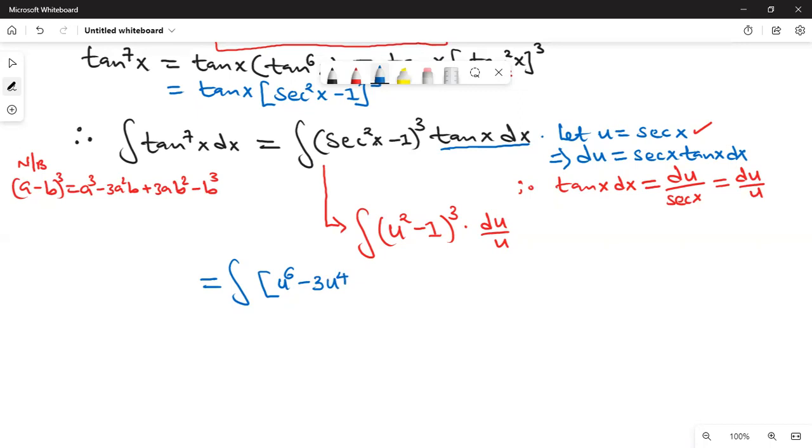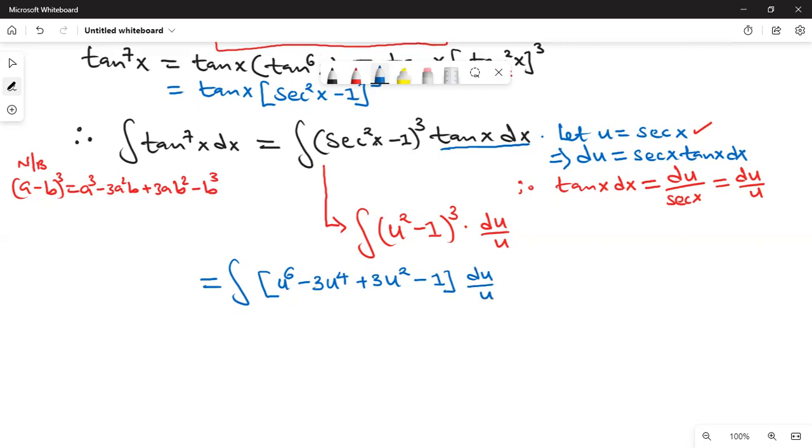Then there's plus 3 u squared, because our b is 1, and 1 squared is just 1. Then minus b cubed, which is 1 cubed, that is 1, times du over u.